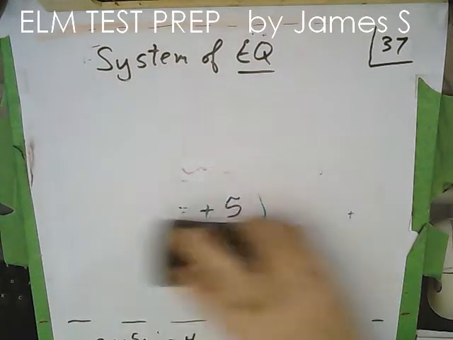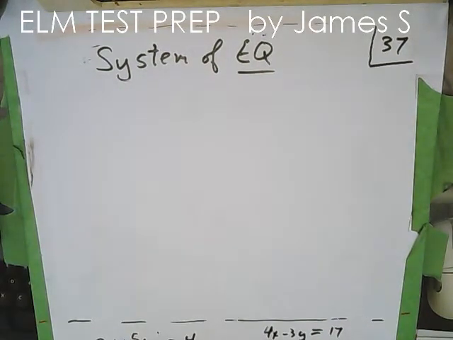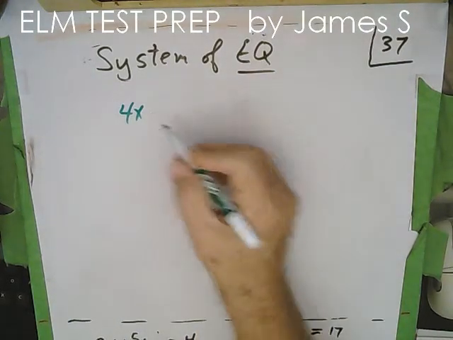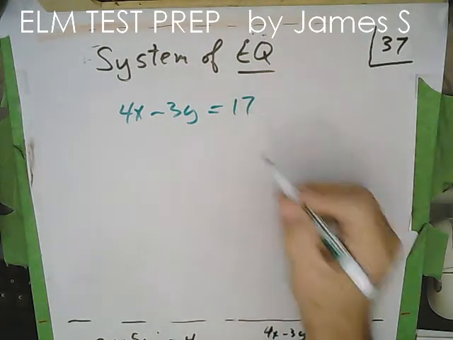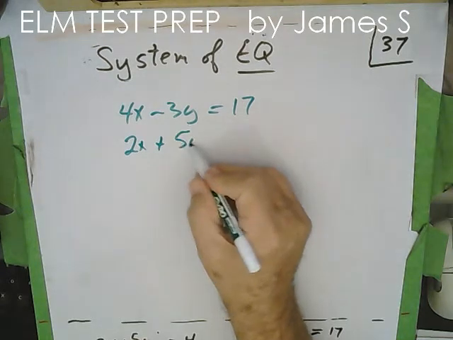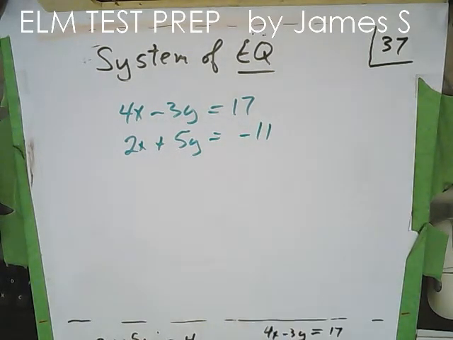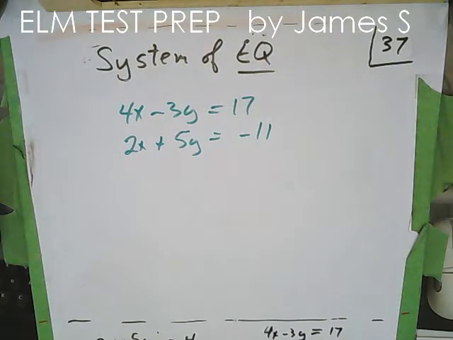All right, so let's find one where they're not leading us quite so nicely. 4x minus 3y equals 17, and 2x plus 5y equals minus 11. All right, so the relationship, they're plus and minus, so they're going opposite directions.